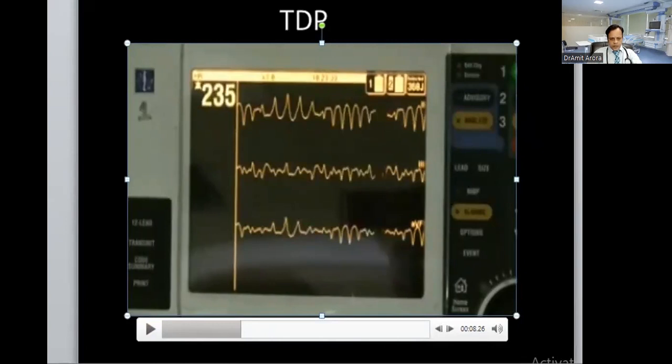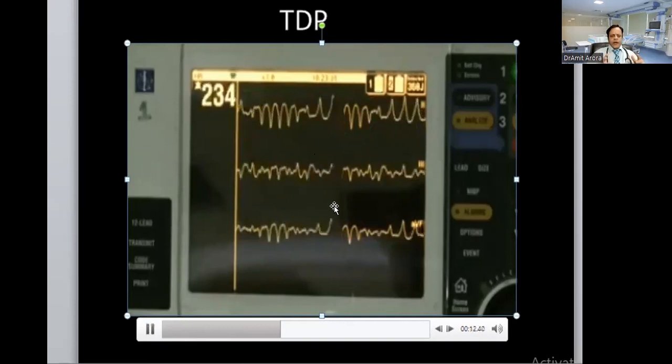If you see, I am marking, this is the same twisted ribbon shape. So in the clinical scenario, things are very different. You can see this is Torsades de Pointes. On the cardiac monitor, you will usually find it is a self-reverting rhythm.